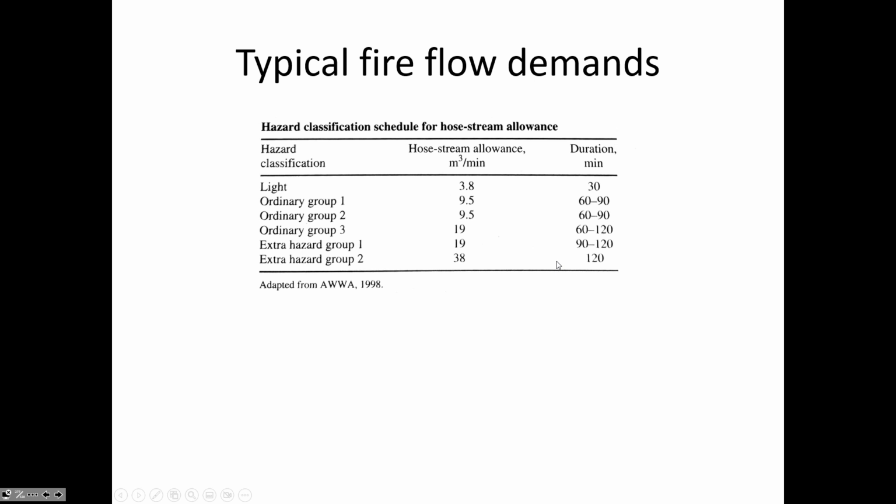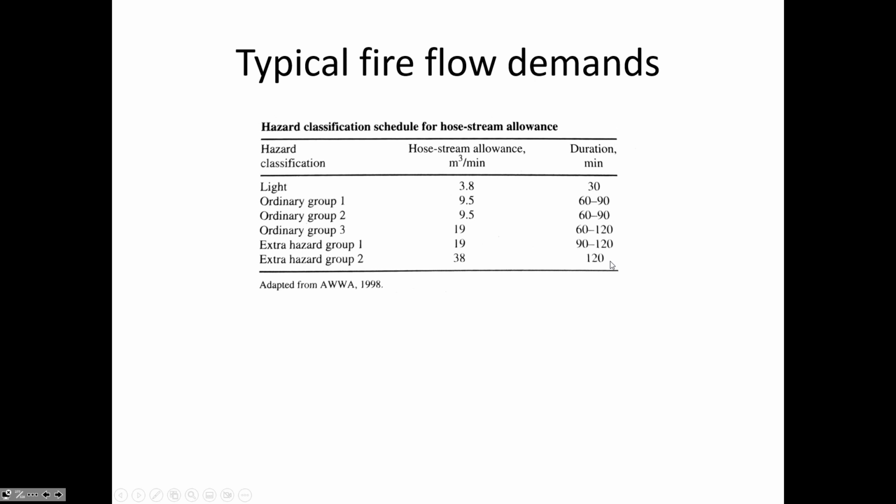water tank, and if you have one of these extra hazard groups that requires a really large flow rate to fight a fire, these are typical values here. So for a typical facility that's extra hazard group 2, they need 38 cubic meters per minute to fight a fire, and you need to plan on 120 minutes.